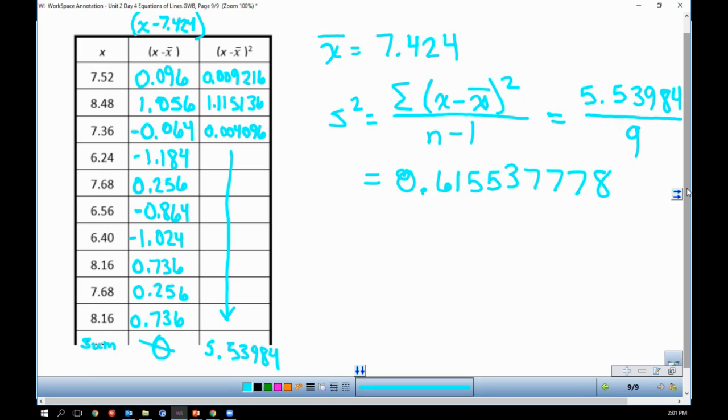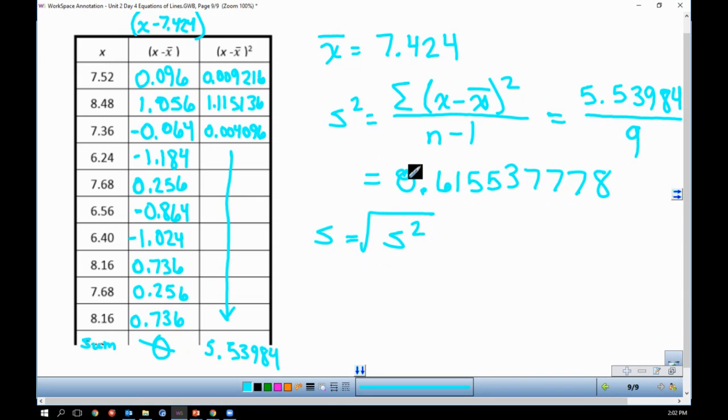So that's our variance. But did it ask for variance? No, it asked for standard deviation. Standard deviation is the square root of the variance.